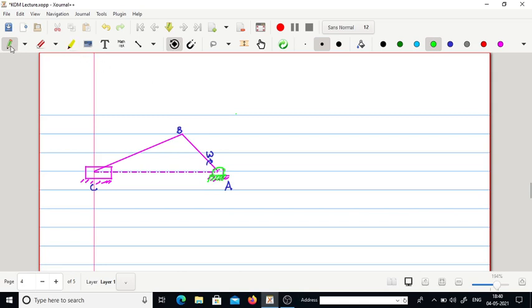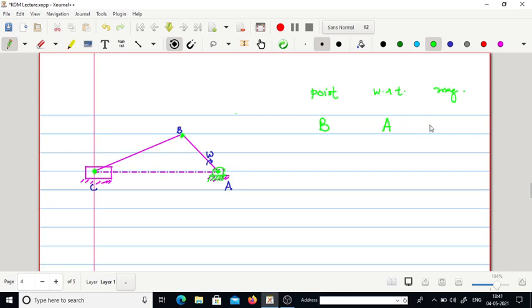So to draw the acceleration diagram, first of all let us consider this point B. We can draw its acceleration diagram with respect to point A and with respect to point C. So we will first find out the acceleration of point B with respect to A.